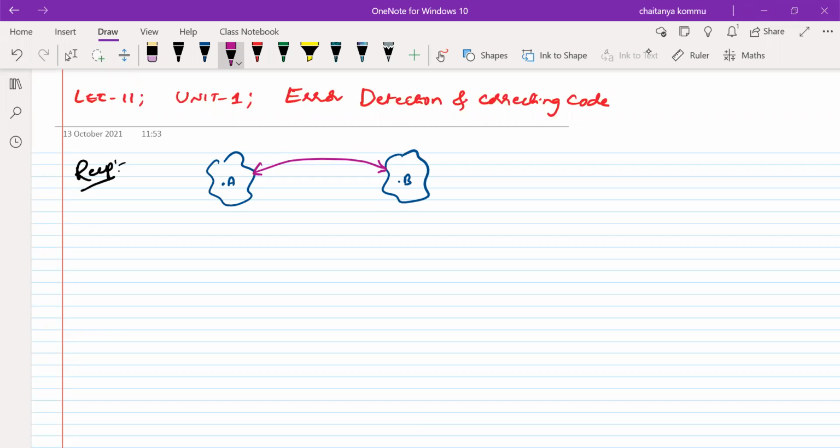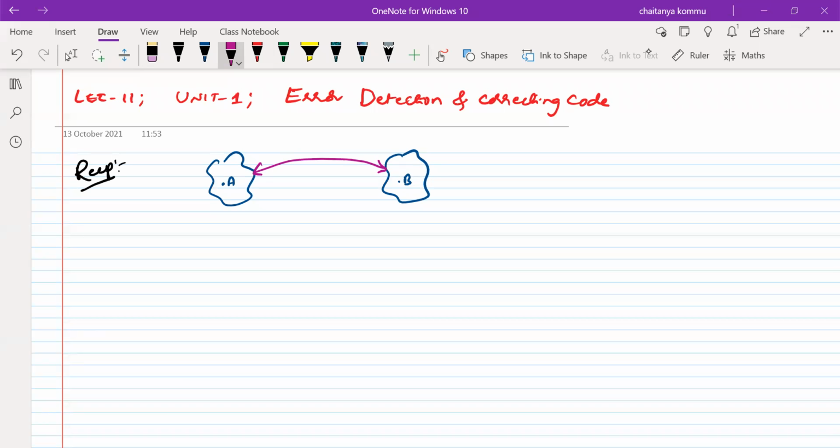Another thing is that it is easy to represent the data. Whenever the data is observed at the receiver, he is able to identify the data in the form of codes, which is better than binary digits. Now, whatever way we have coded the binary information, it is not sufficient.